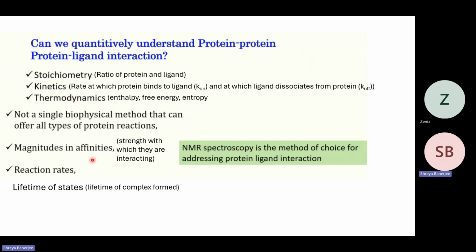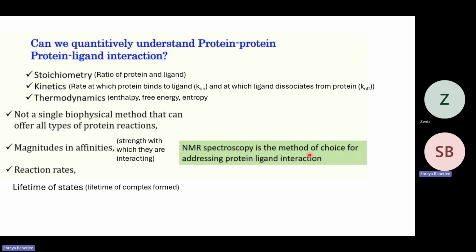Other information that is important is the magnitude of the affinity, that is the strength of binding of the protein-protein or protein ligand. Reaction rate, which already falls within the kinetics, but another part of reaction rate is the lifetime of the state. That is, what is the protein ligand or protein-protein complex that is forming? How long does it last for?